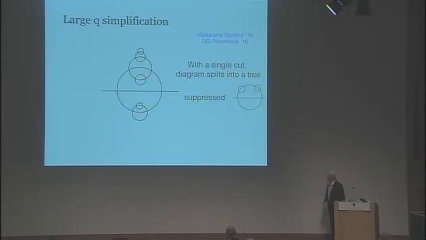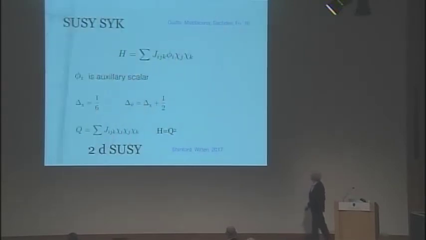So there are a whole set of generalizations of SYK. There's also another parameter Q that appears, and some very beautiful things happen when Q goes to infinity as well. There are a lot of generalizations. There are supersymmetric generalizations, either in one dimension or in two dimensions.